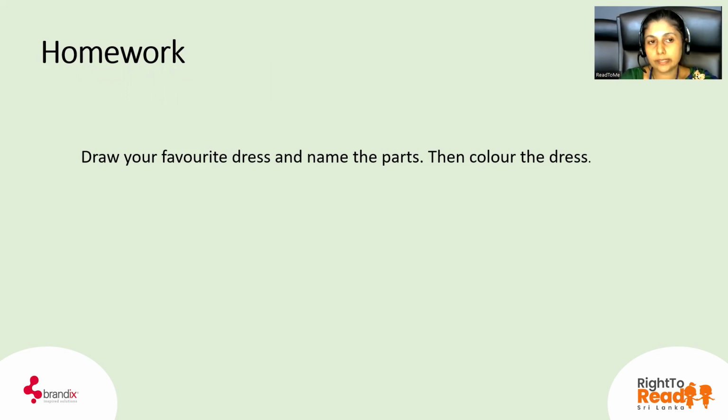Then color the dress. This is a very interesting and simple activity for you. There are some small parts in dresses. That means clothes we wear. Can you draw your favorite dress and name the parts?